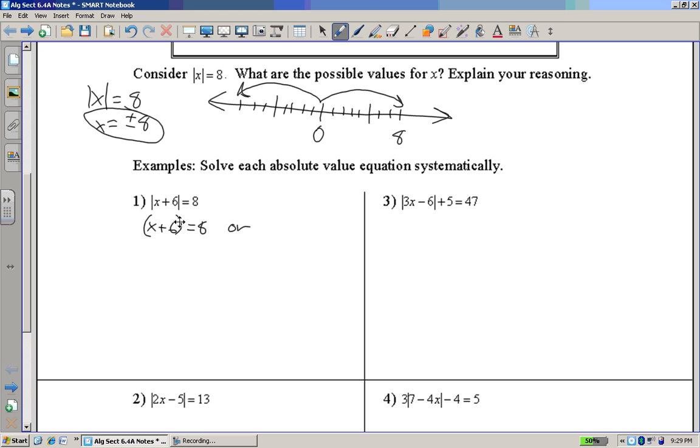What's inside the absolute values could end up a negative. If it's a negative, we're going to have to take the opposite of this whole thing. Well, this is a little complicated to work with, so what we usually do, you could think of this as a negative 1.